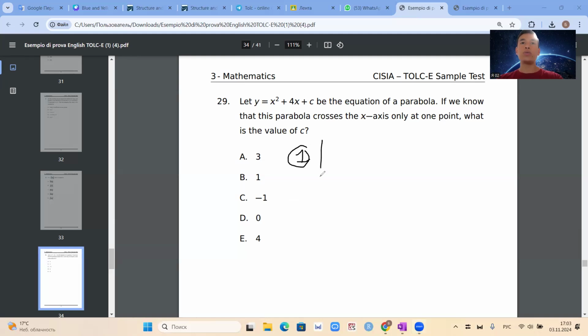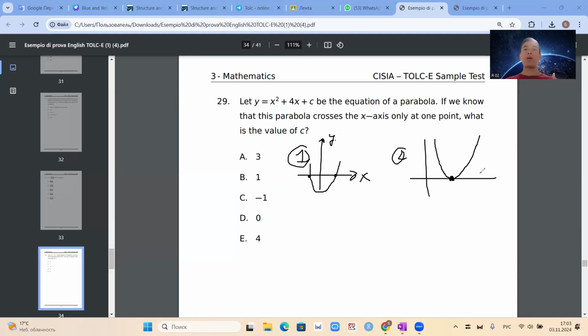Okay, we need to look at three cases. First case: our parabola crosses the x-axis at 2 points. For example, this is x, this is y. It means that it has two solutions, or two roots. The second case: our parabola crosses at only 1 point, which means our function has only one solution.